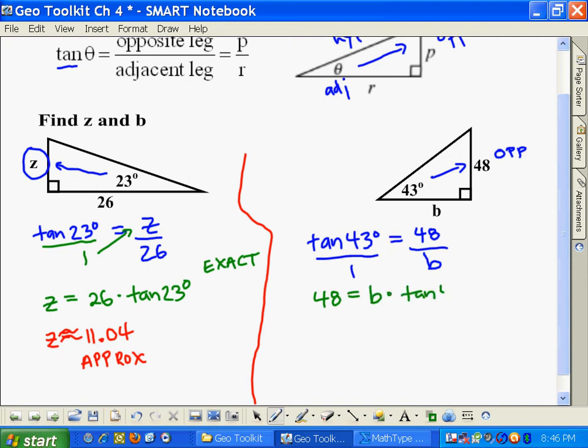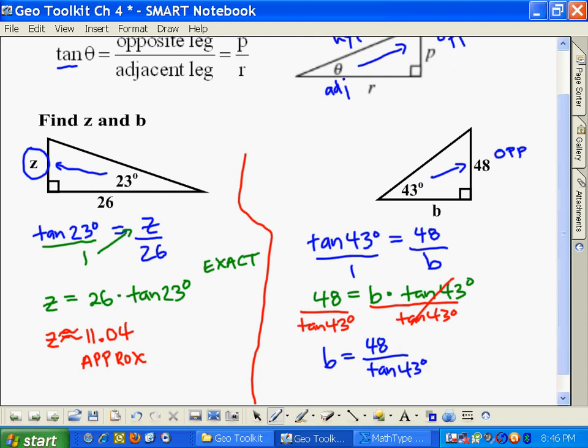And remember, once again, tangent 43 degrees is a number. It might be 5 or 2 or 1.8, but it's just a number here. So it's some number times B. And so what we're going to do to solve this is we're going to go ahead and divide by tangent of 43 degrees. That way these will cancel out over here, and we need to divide over here. So if we're talking about getting the exact answer in terms of what is b, b will end up being 48 divided by tangent 43 degrees.